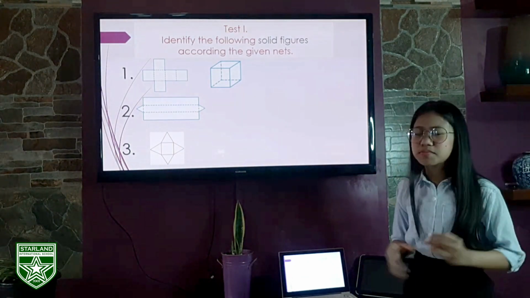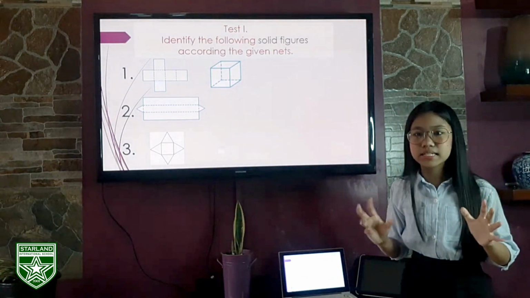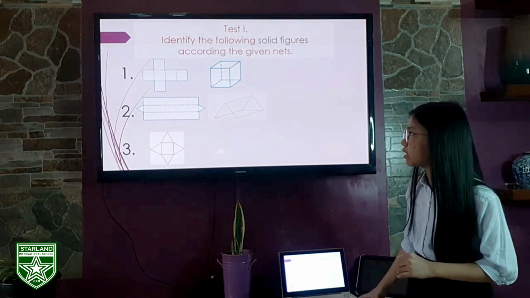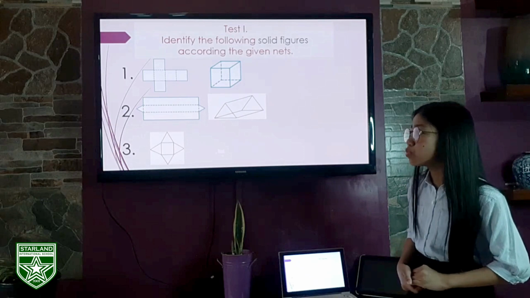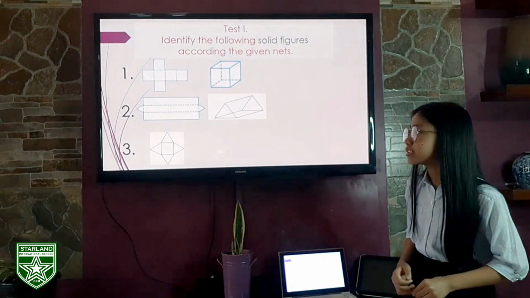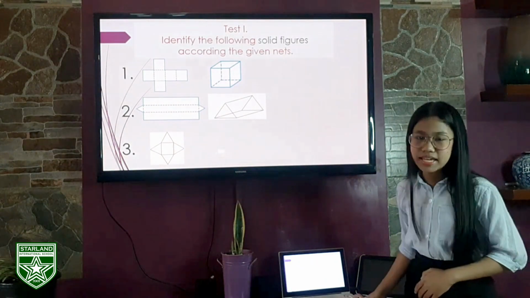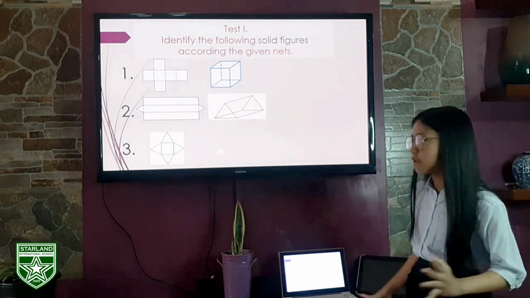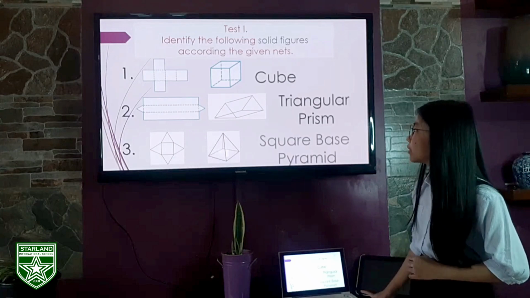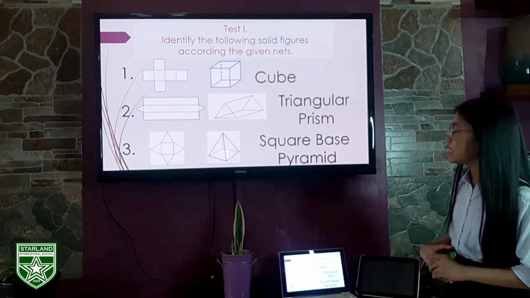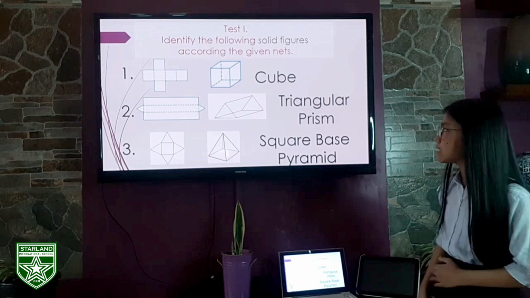If you try to imagine folding this net, it would form a triangular prism. For number 3, we have 1 square and 4 triangles. Try to imagine again and find out what it is. It is a square-based pyramid. So right here, we have the names of each solid figure for the nets.